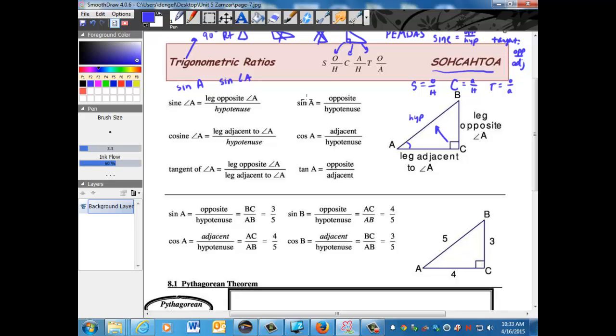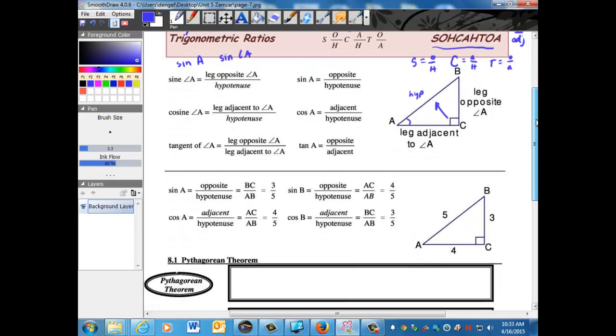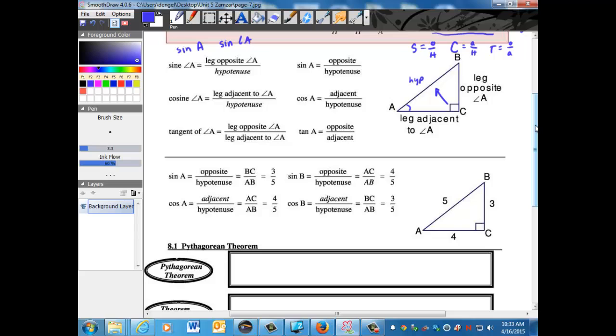Alright, so if we were to plug in values, here we have sine of angle A, and so again we look at sine of angle A, and it's going to equal the opposite side over hypotenuse, which is going to be 3/5.